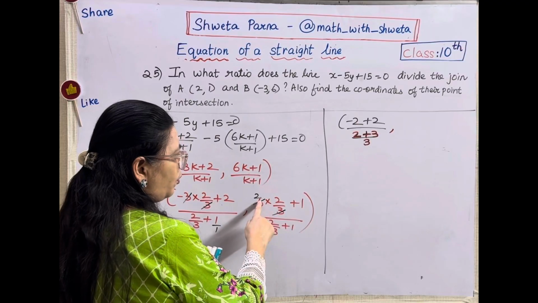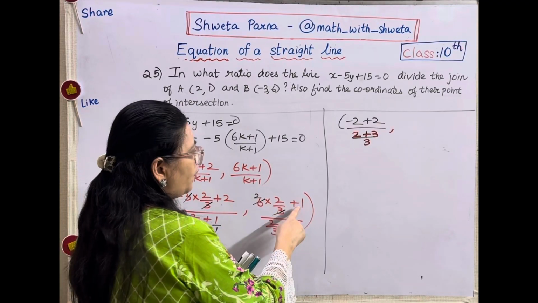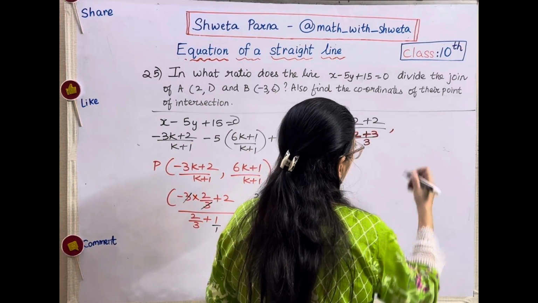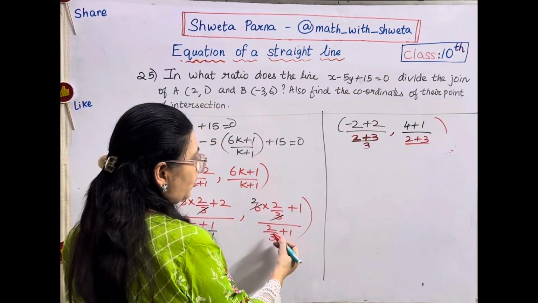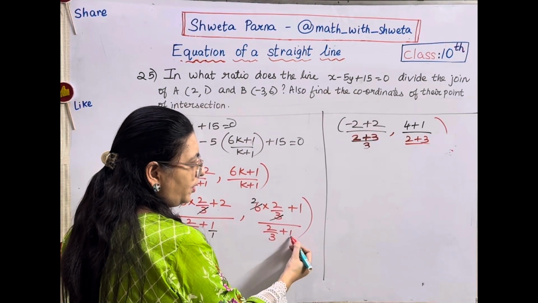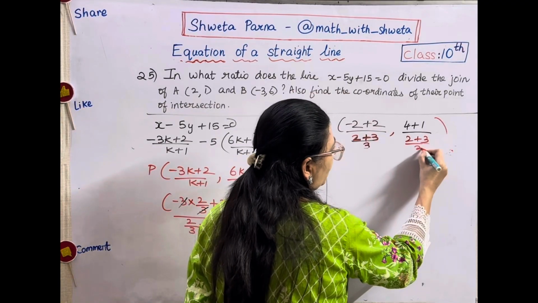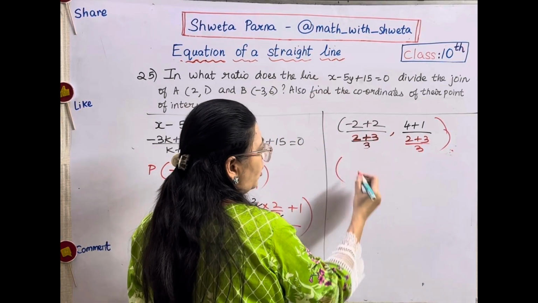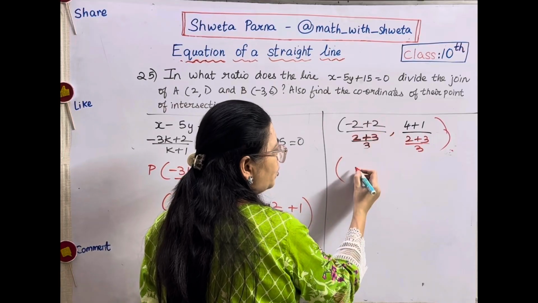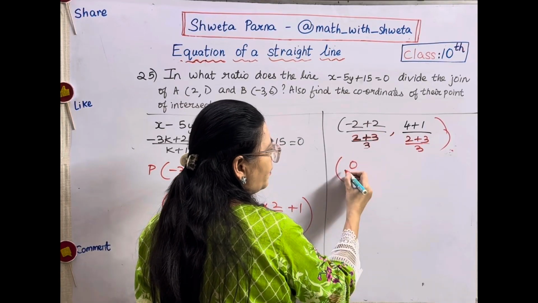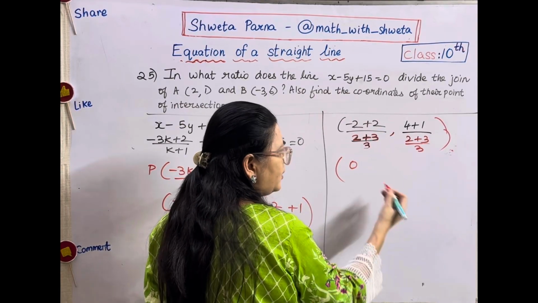Now the numerator over here is 2 4s are 4, 4 plus 1. So LCM of 2 upon 3 and 1 would be 3. So 2 plus 3, the whole upon 3. Okay. Now what is the coordinate? Minus 2 plus 2 is 0. 0 divided by any number would be 0, right?